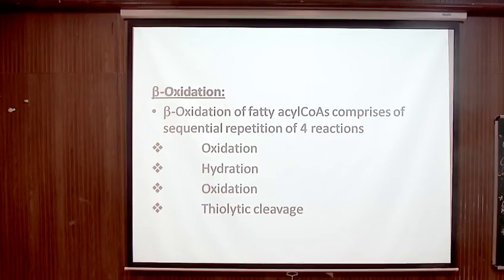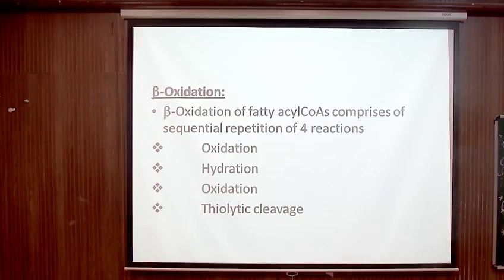Now these steps take place as oxidation, hydration, oxidation and cleavage. So at the end of cleavage, 2 carbon acetyl coenzyme A comes out. They are utilized for energy. You are left with a 14 carbon fatty acyl coenzyme A. Again from that, 2 carbons will come out as acetyl coenzyme A, so you are left with 12 carbon acyl coenzyme A. Again they will undergo all these 4 steps, and again acetyl coenzyme A is released.